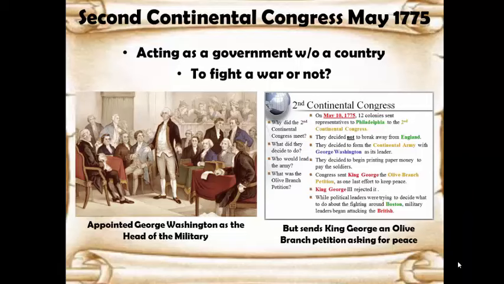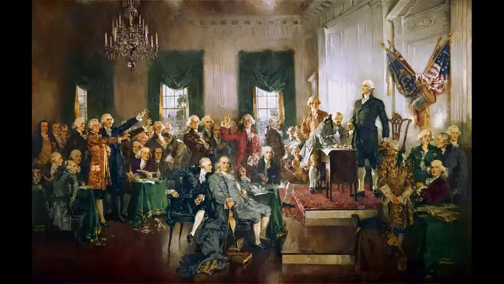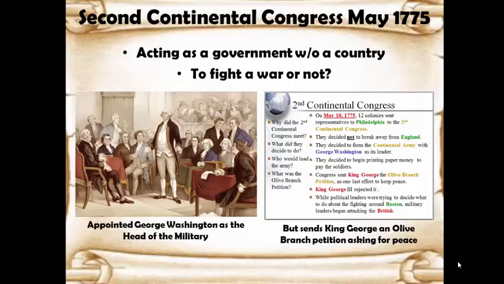So another thing to keep in mind is that the delegates had not really been appointed to any elected office. Okay, this is like a national government type get-together, but there is no nation yet. Okay, these are still just 13 colonies, but they go ahead and they start preparing for war.